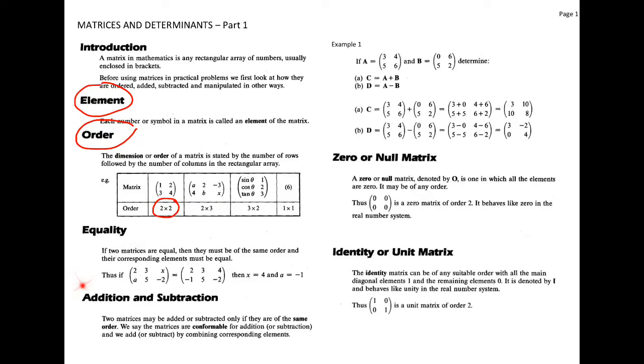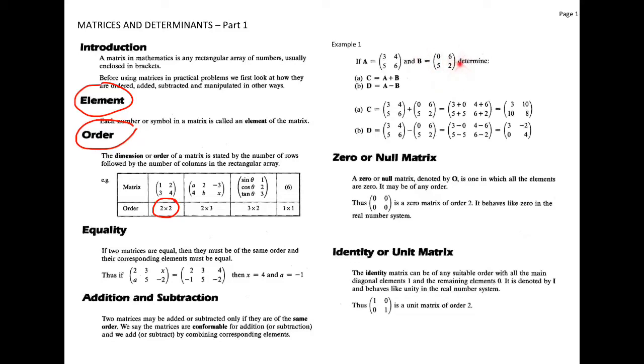We can add and subtract matrices just as long as they are conformable. What do we mean by conformable? We mean they have to have the same order. So if you're adding a 2 by 2, like this one here, 2 rows by 2 columns, the other matrix has to be of the same dimension.